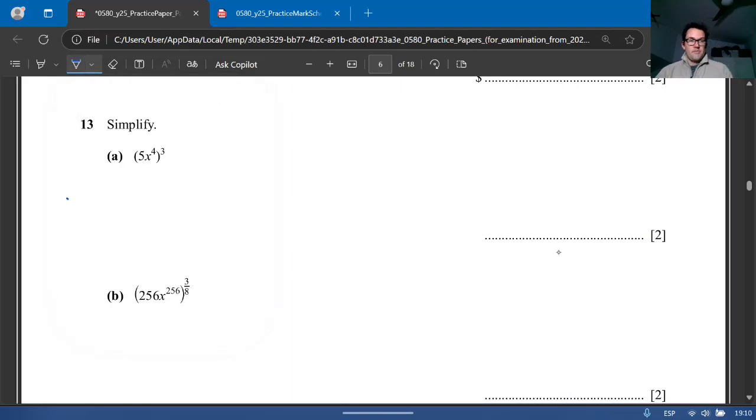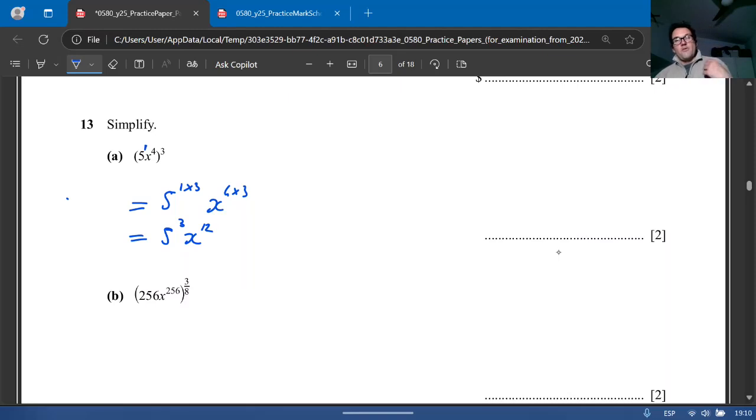Question 13. Know your index laws. A power to a power. Remember, that could be a little 1 there. A power to a power you multiply. So it's 5 to the power of 1 times 3, and x to the power of 4 times 3. So 5 cubed, x to the power of 12.